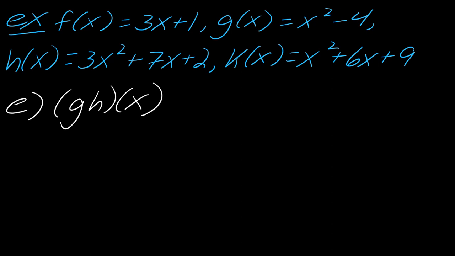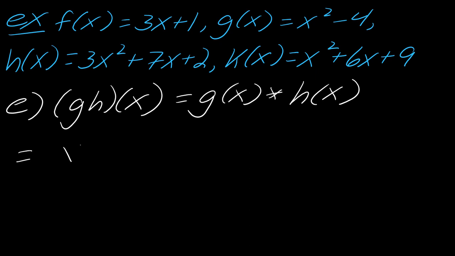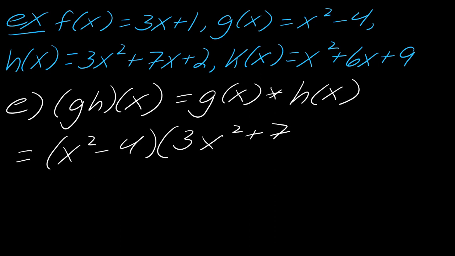Okay, so next we've got g times h of x. So again, if you want to pause the video here, give it a try, hit play when you're ready. Okay, so I need to take g of x times h of x. So if I do that, that's x squared minus 4 is my g of x, and 3x squared plus 7x plus 2 is my h of x.